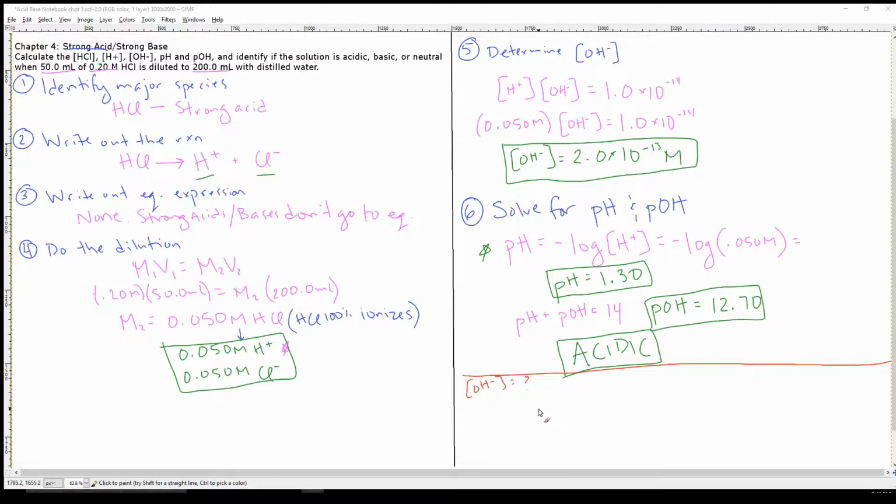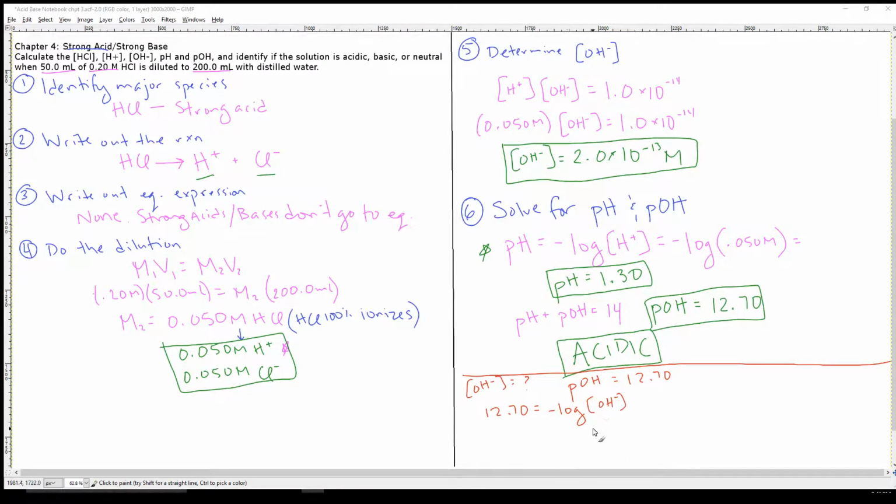And let's say that I know what the pOH is. Let's use the pOH from this problem. It's equal to 12.70. So what you could say is that 12.70 is equal to the negative log of the concentration of hydroxide. That's what we're interested in.